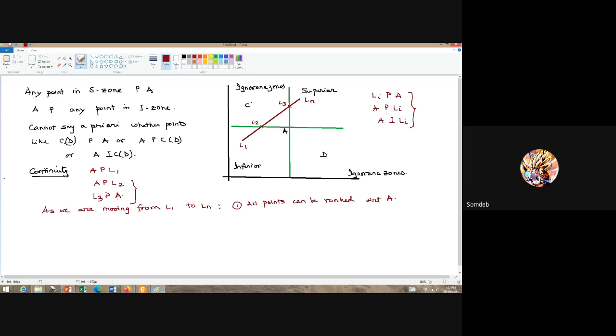Cannot. Where is cannot? This is can be ranked. No, sir, over here, the third line. Cannot say a priori. A priori means beforehand or without further information, just by looking at it.